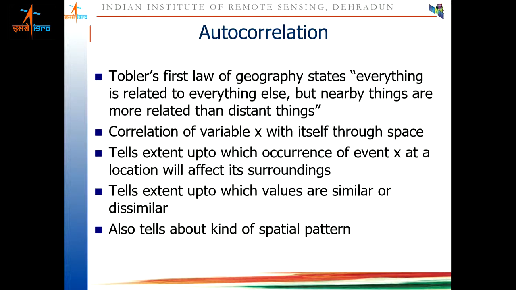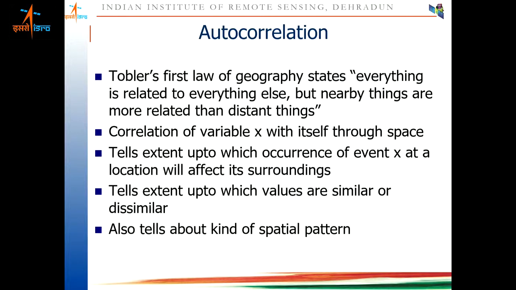But autocorrelation is basically the correlation of variable x with itself, measured through space. A variable x is measured at some particular location, and at some other distance d, the same variable is measured. Now what is the correlation between them? This way autocorrelation is calculated.